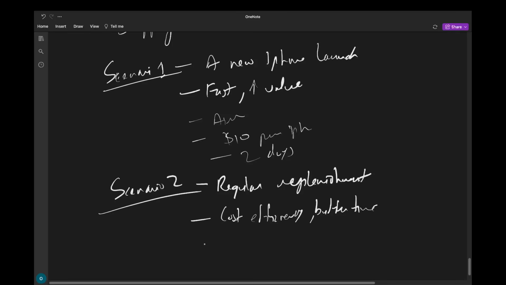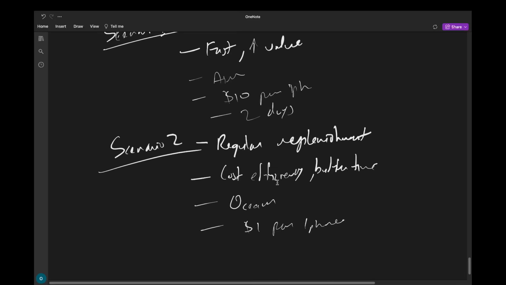Okay. So we will select ocean and here the cost might be $1 per iPhone and time would be 30 days.